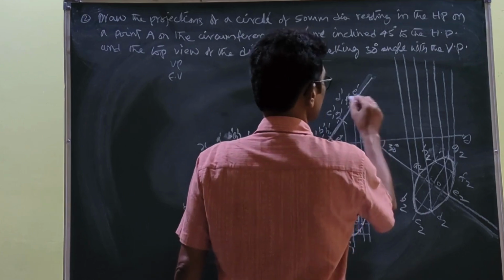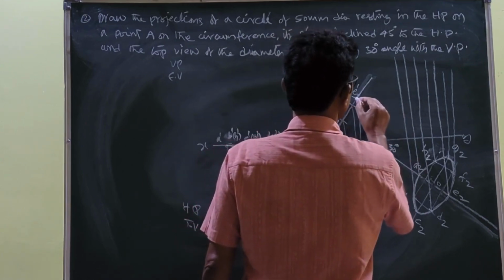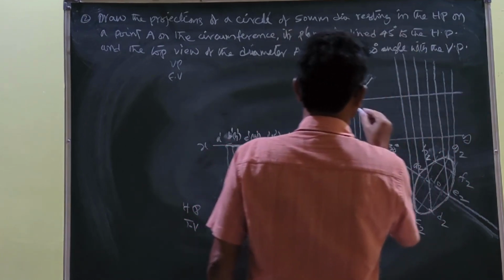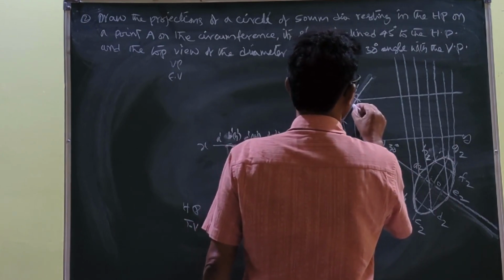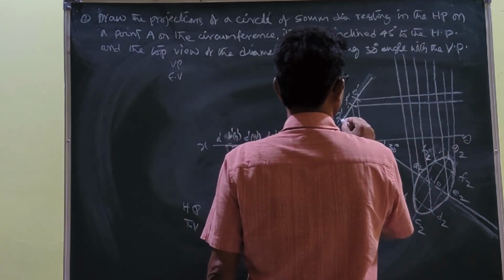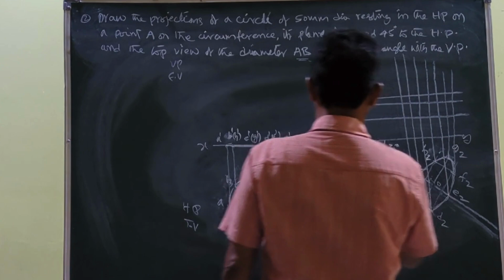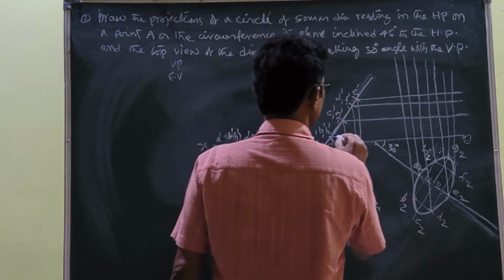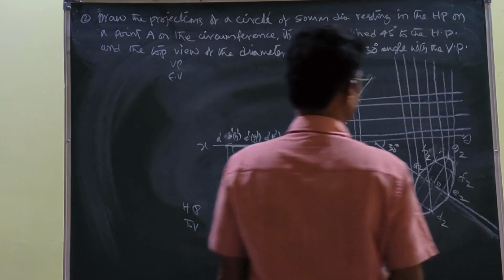Next you draw horizontal projectors through E1 dash, D1 dash and F1 dash, C1 dash and G1 dash, next B1 dash and H1 dash, like this.